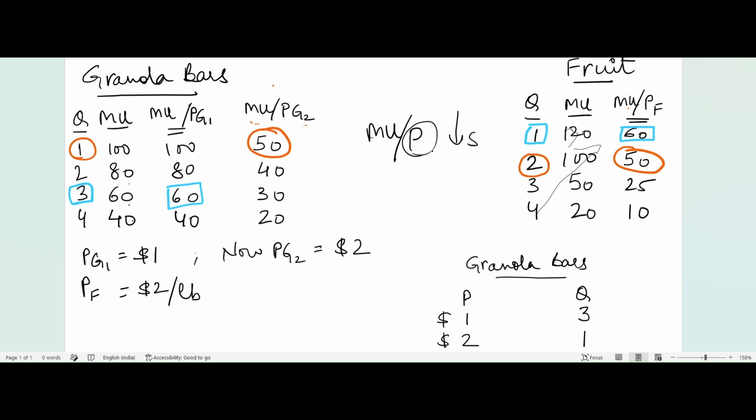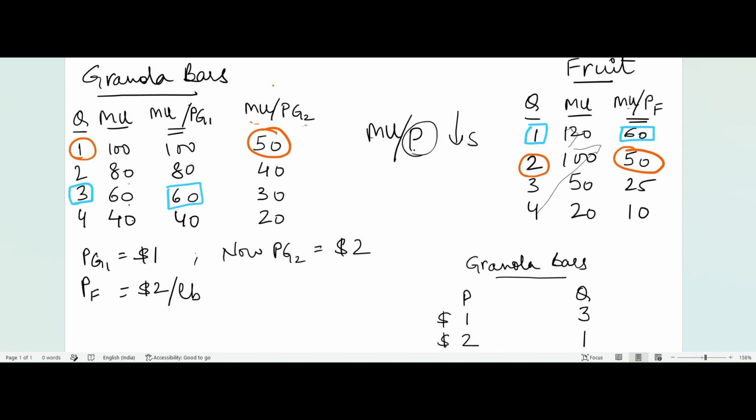Now that basically means that the marginal utility the consumer is deriving from that product goes down, right? By spending that one last dollar, the marginal utility the consumer derives from that product goes down.